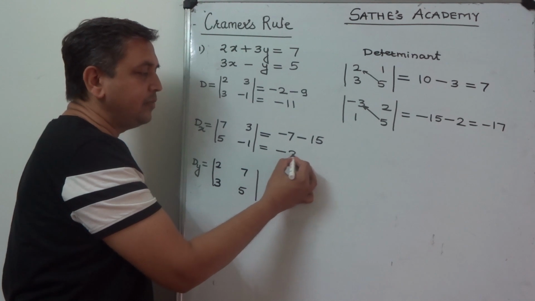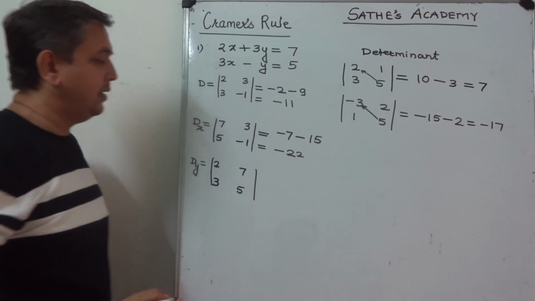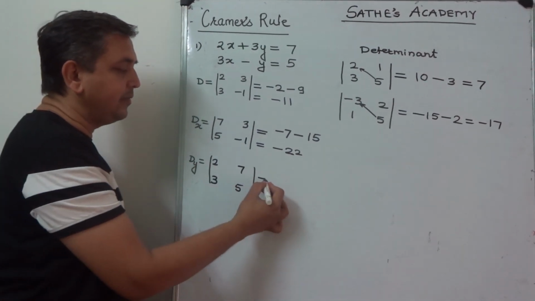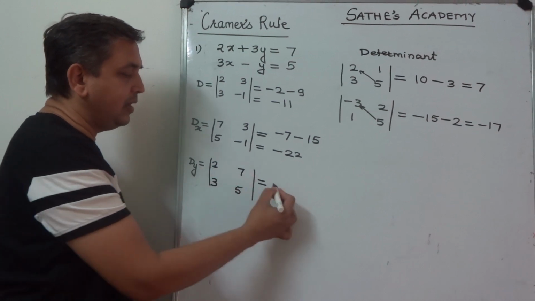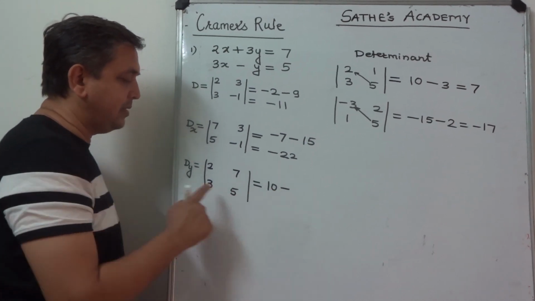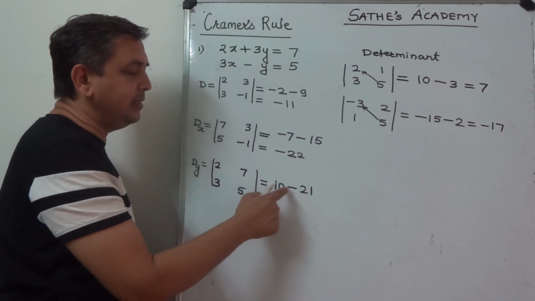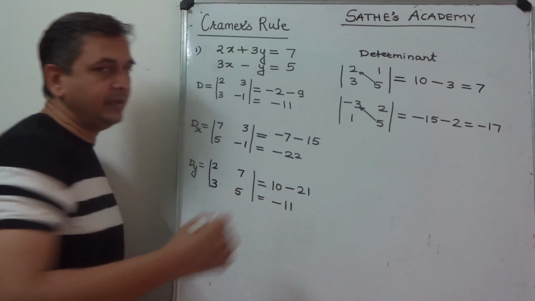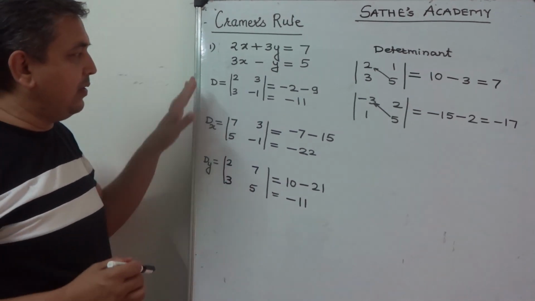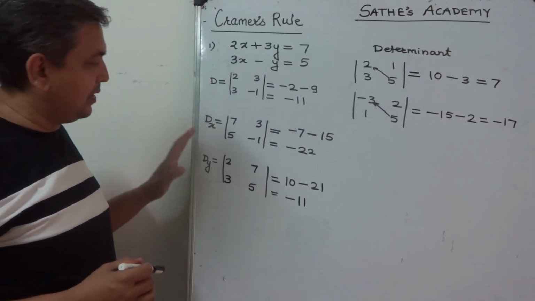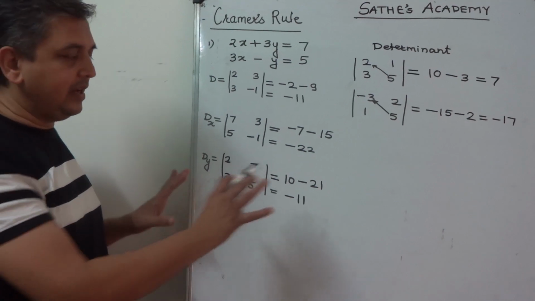It is minus 22. And the third value, Dy, equals 5 2s are 10 minus 3 7s are 21, that is 10 minus 21 is minus 11.